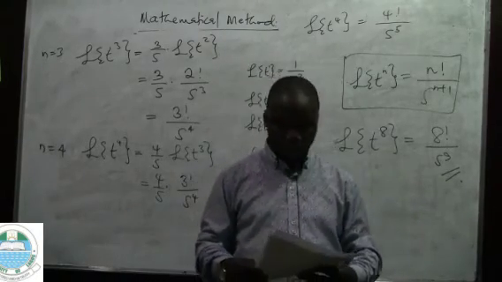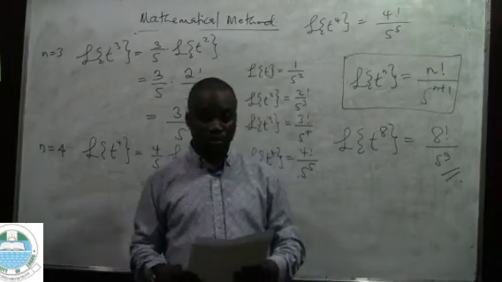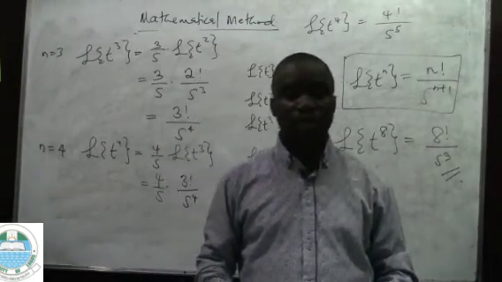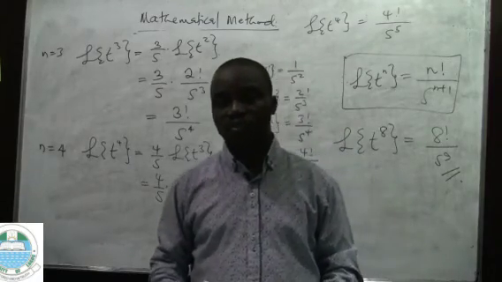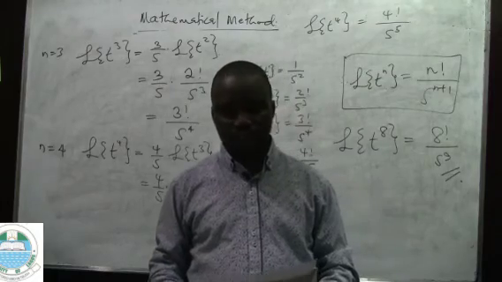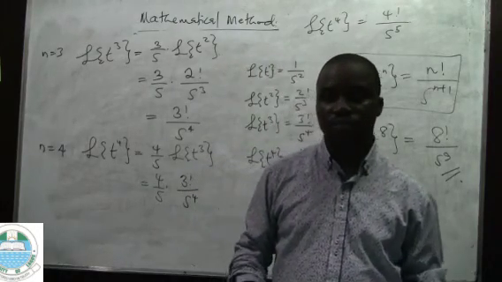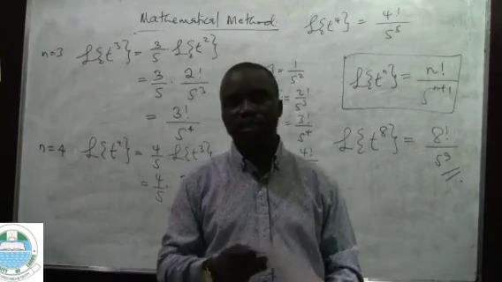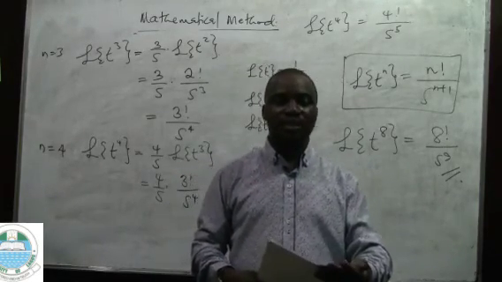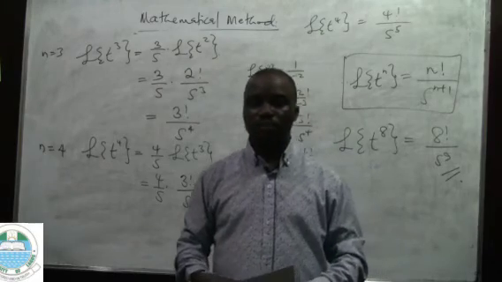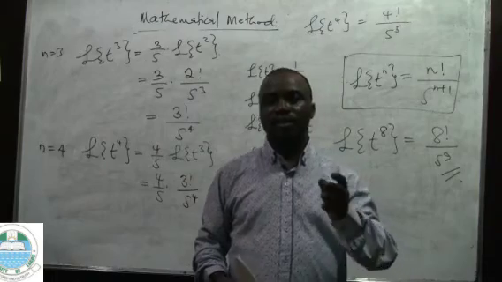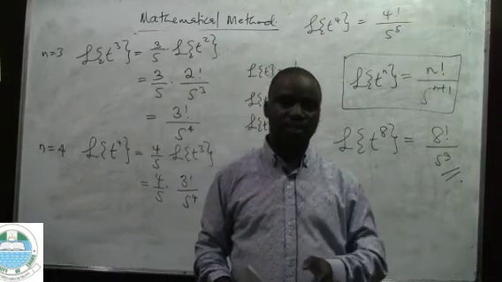So far in today's class, we have been looking at one important tool in mathematics for solving initial value problems and boundary value problems, and that is the Laplace transform. We defined what Laplace transform is. We emphasized the fact that the definition of Laplace transform makes it an improper integral of the second kind.